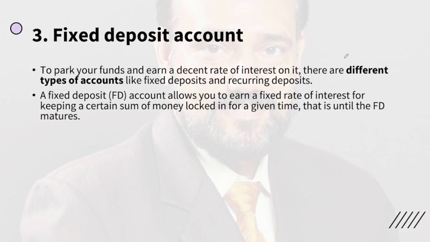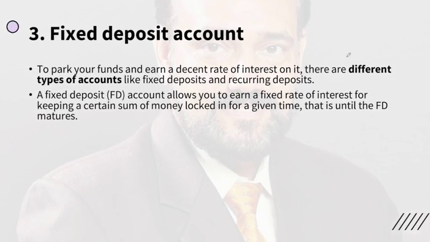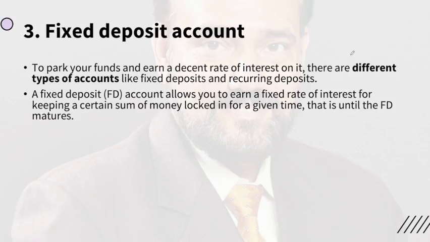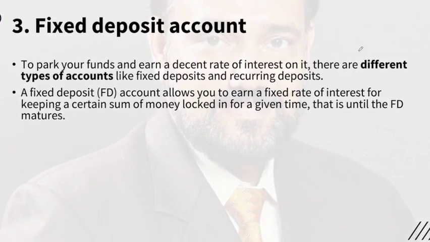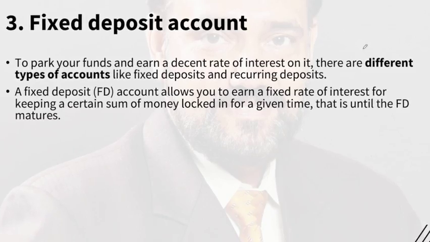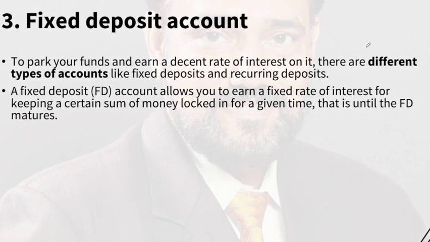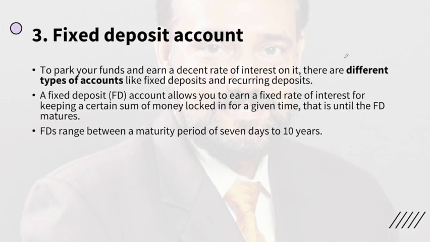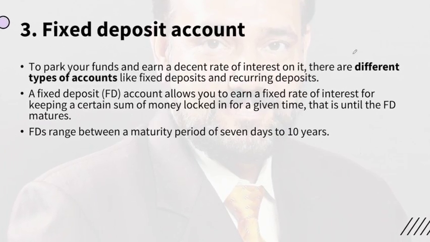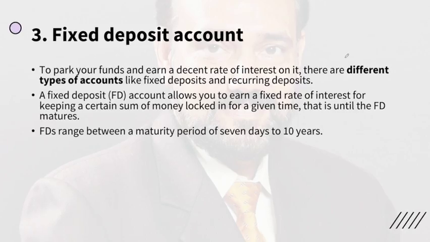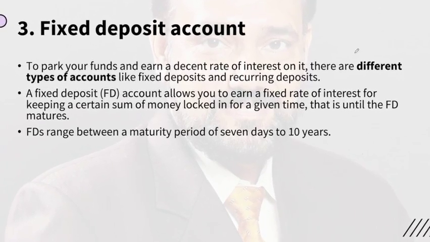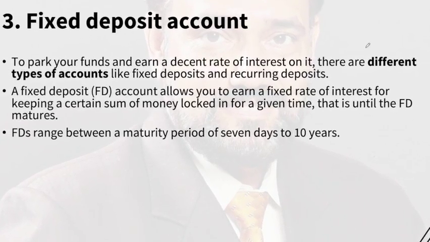This account, the fixed deposit account, we call FD. You must have heard this term, FD. It allows you to earn a fixed rate of interest for keeping a certain sum of money locked in for a given time. You can have a fixed deposit starting from 7 days to 10 years. And the interest rate also will vary, bank to bank even.